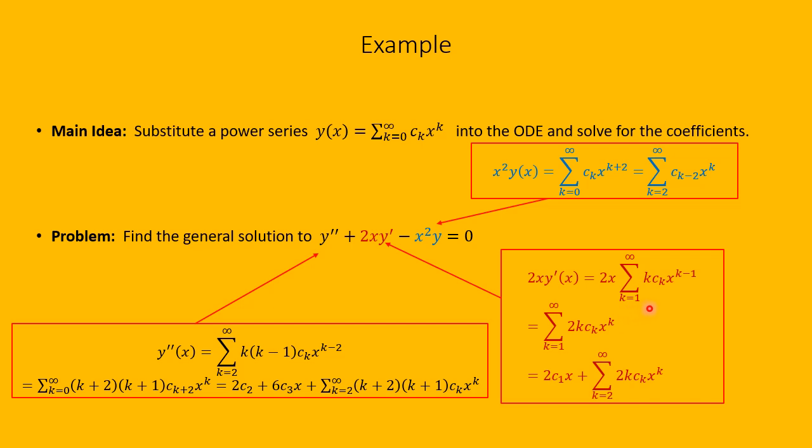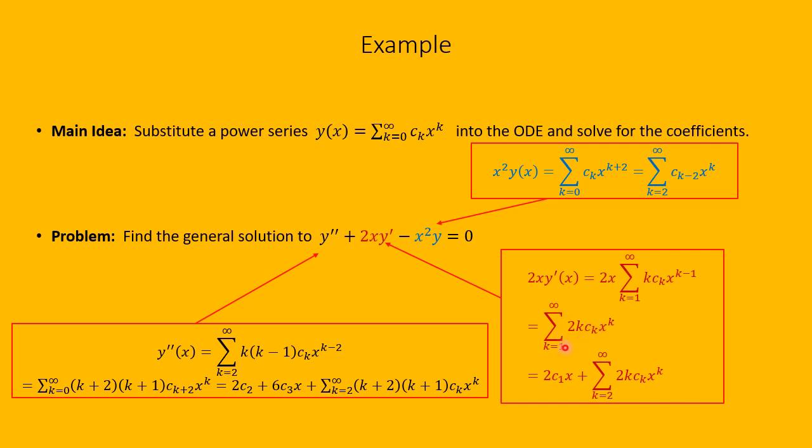Well, we could, but this factor of k here being 0 would make that term equal to 0. Okay, so bringing that factor of 2 times x inside using the distributive law, we can write that expression here as the sum where k equals 1 to infinity, 2k c sub k, x to the k.